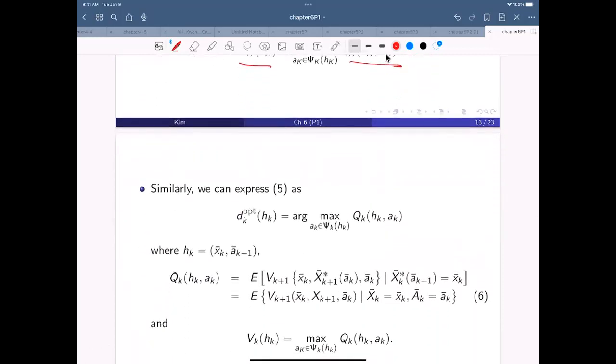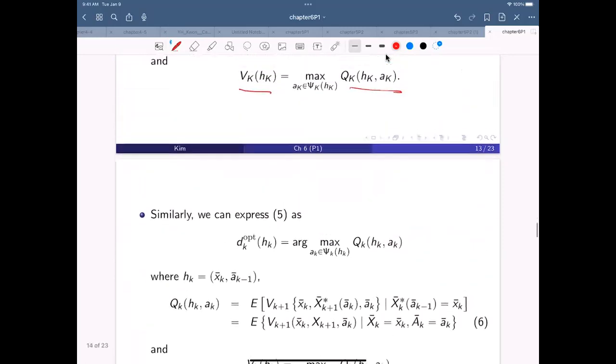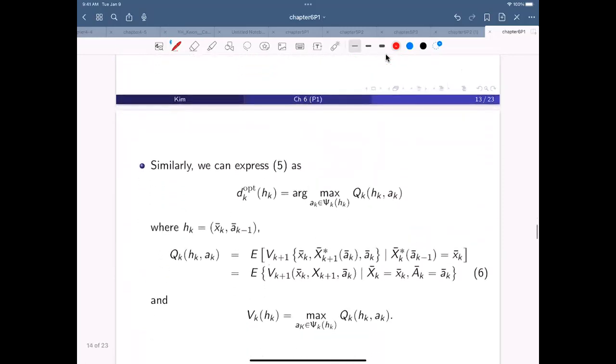In the same way, once you have a value function, you can compute the conditional expectation given the previous step's potential outcome, and then optimize over AK to obtain the optimal decision at step K.